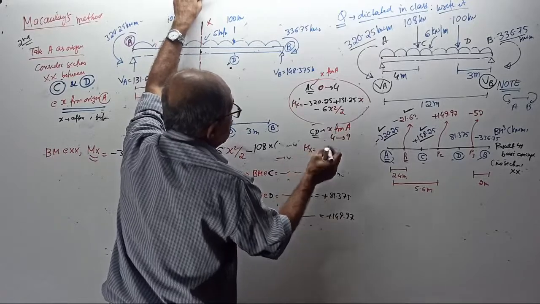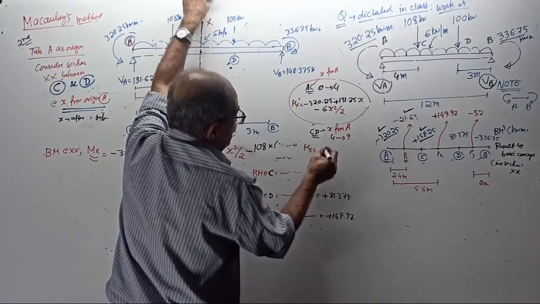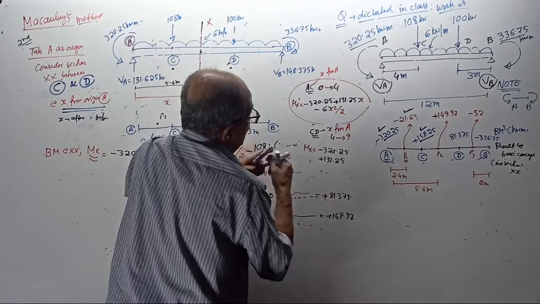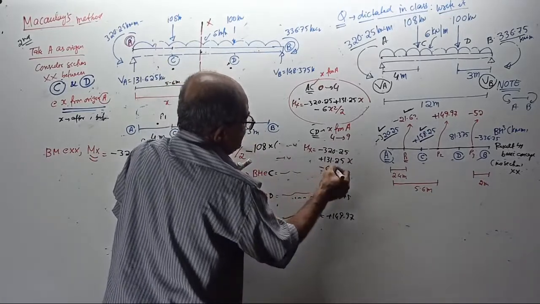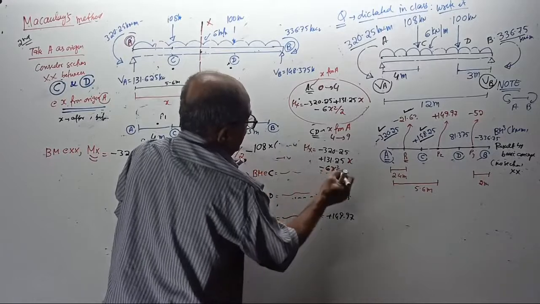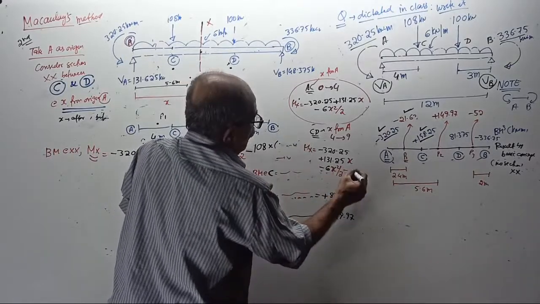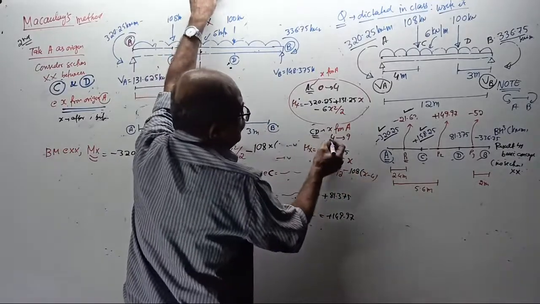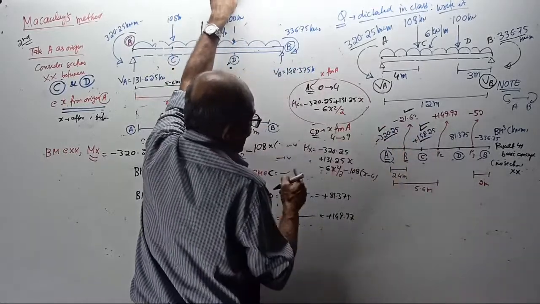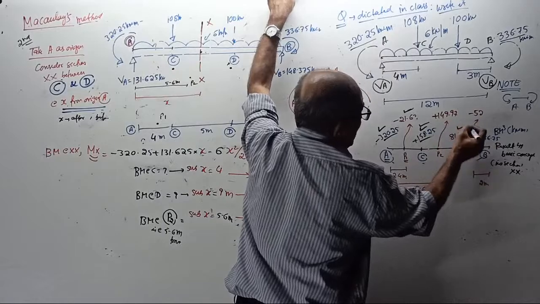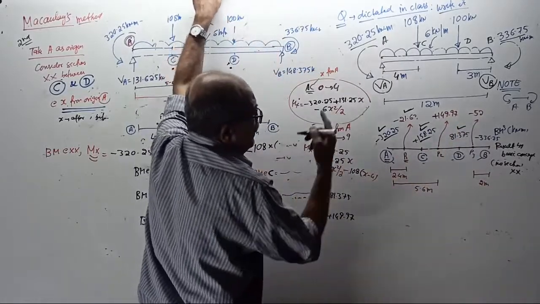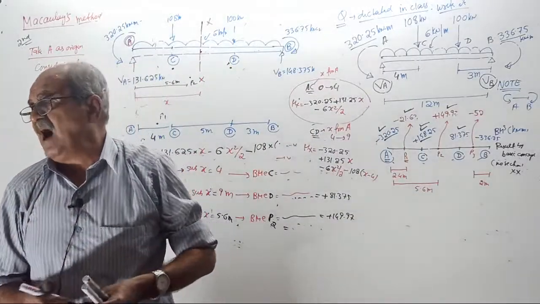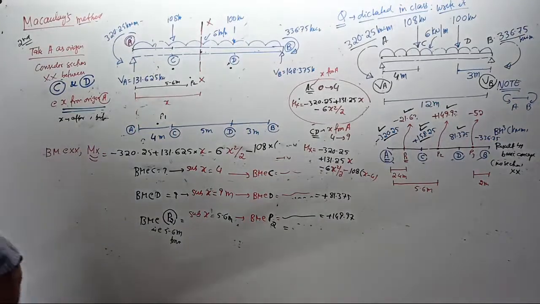My MX equation came: minus 320.25 plus 131.25 into x minus 6 into x square by 2, also minus 108 into x minus 4. When I substituted 4, I got this BM once again. When I substituted 9, I got this BM also. When I put x equal to 5.6 meter, I got this BM also. Thoroughly clear means tell me the last part now.